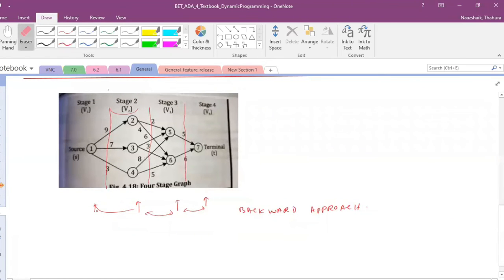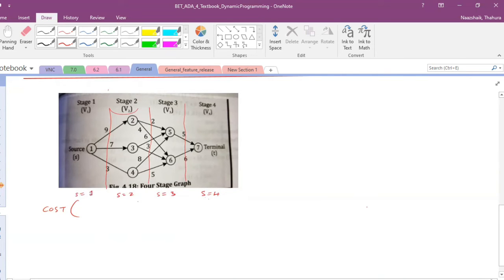So what we have to do is just the terminology, let us understand. We have to find the cost, okay, from stage 4, stage 3, stage 2, stage 1. So we said that we will do a backward approach. So first we have to do this cost. So we will find the cost from all the vertices in stage 3.